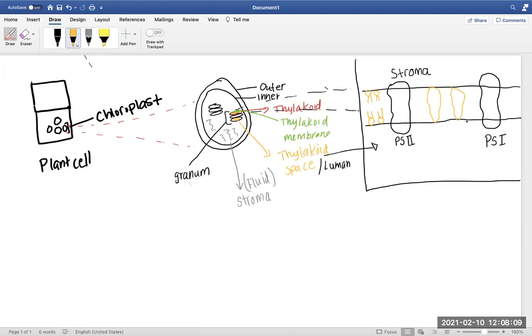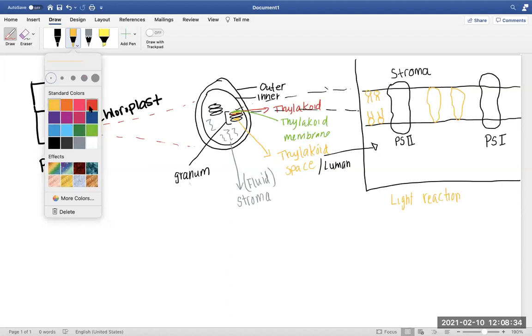So this is the light part of the photosynthesis we're talking about. So this is the light part. I don't know why it's still writing yellow. So this is the light reaction, light dependent reaction, or where it's going to use light.